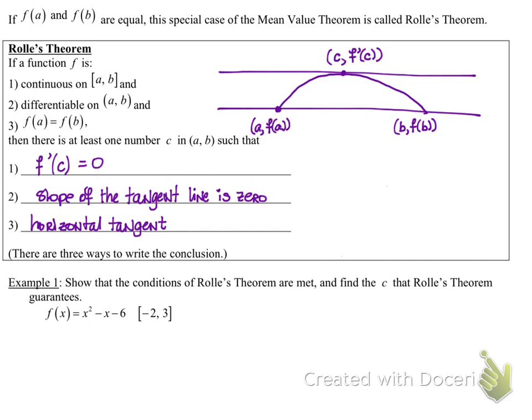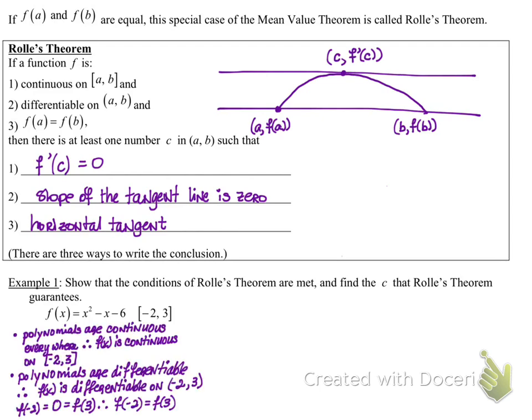Polynomials are also differentiable. All polynomials are differentiable everywhere. So the function is also differentiable on the open interval -2 to 3. You must also state that the value of f of -2 and the value of f of 3, in this particular case, both happen to be 0. Sometimes they will not both be 0, but they will be the same value in order for Rolle's theorem to hold true.